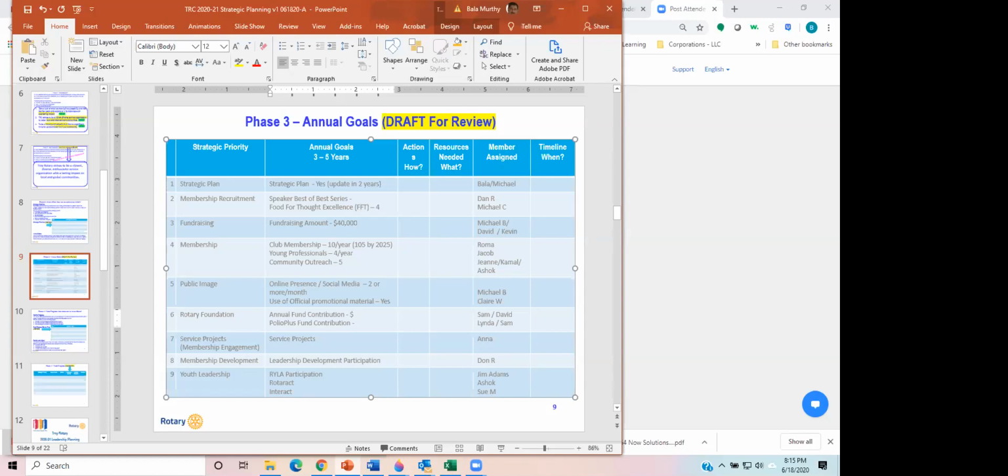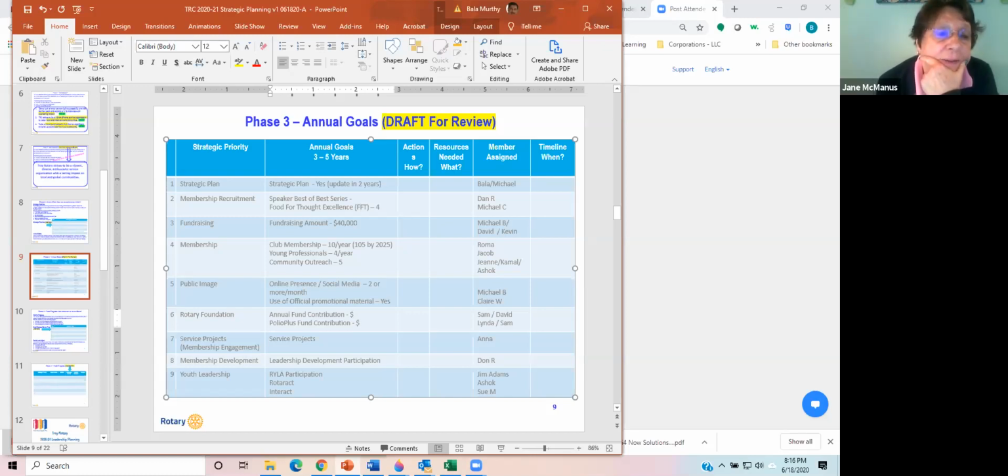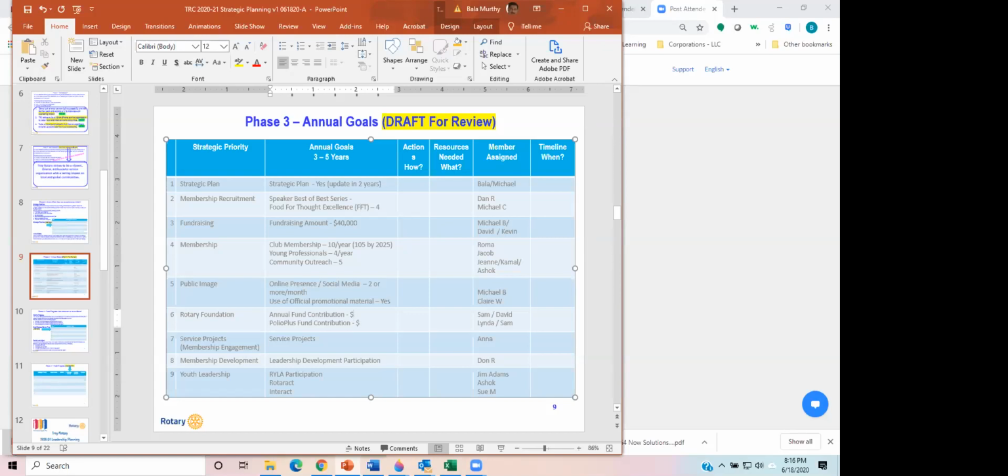Polio Plus is a sub-element of that. Jane, what is the district's goal? And you divide that by 50, which is 50 clubs, plus or minus. You give Ann Arbor a 50th, and it's a drop in a bucket. You give Mortonville a 50th, and that's half their budget.